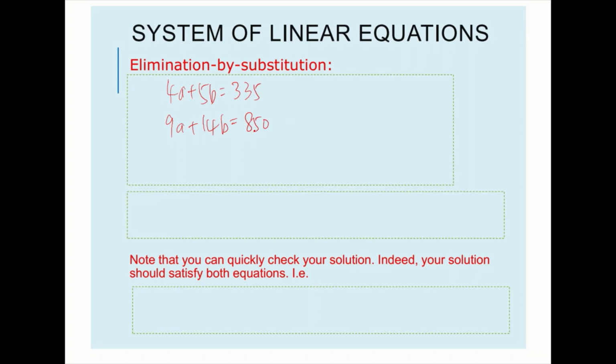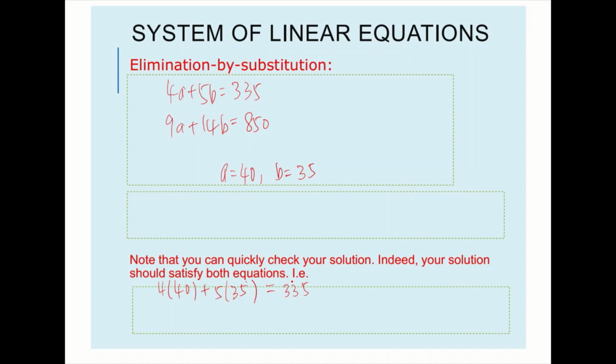How to check if our answer is correct? The a we get is 40, and the b we get is 35. So by substituting these into the system, 4 times 40 plus 5 times 35, use a calculator to solve this. If you get 335, it means that your answer is correct.